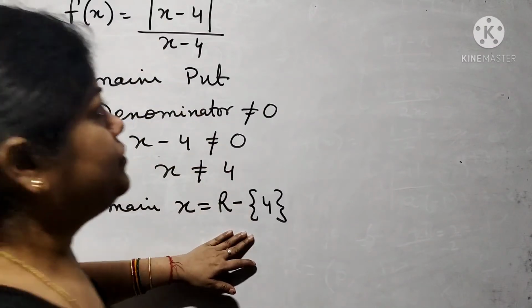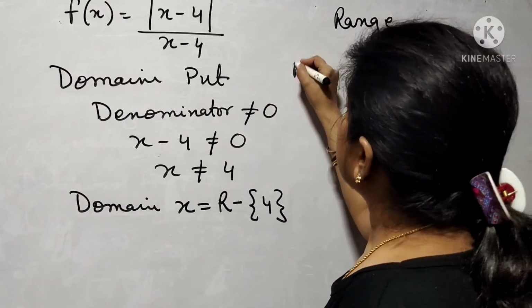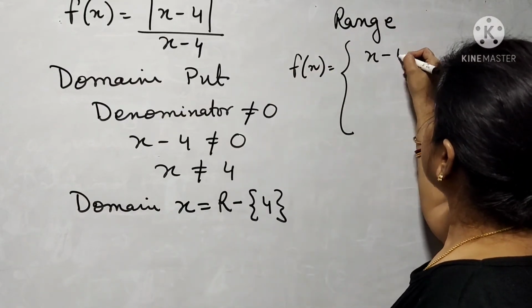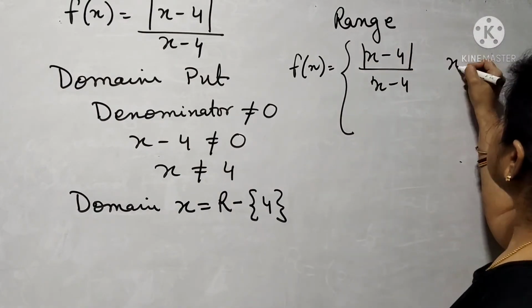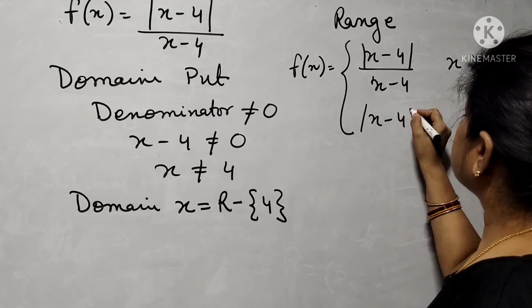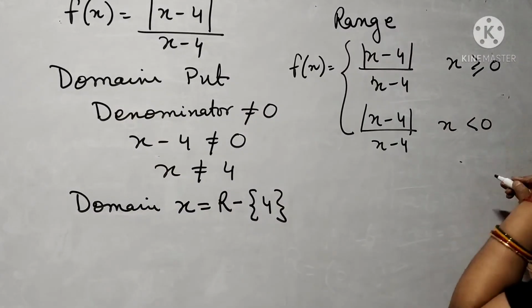Now in order to find the range, f(x) is equal to mod of x minus 4 over x minus 4 when x is greater than or equal to 0, and when x is less than 0.